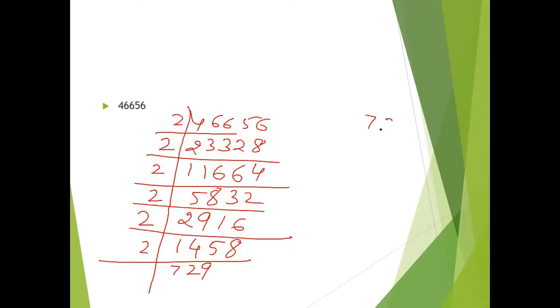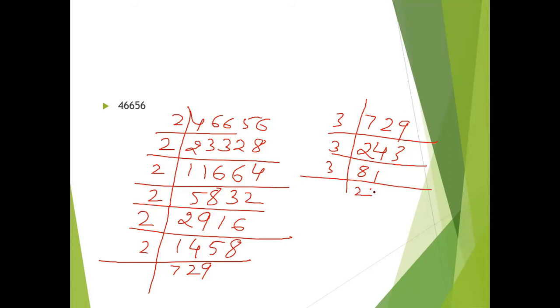Now 729 is 3, 243, again 3, 81, 3, 27, 3, 9, 3, again 3, 1.